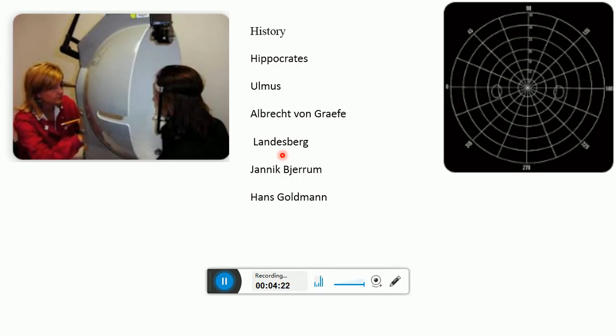Then Bjerrum used a tangent screen. This is a tangent screen to map the details of the central 30-degree diameter of the visual field. In subsequent years, Goldmann developed a bowl perimeter.